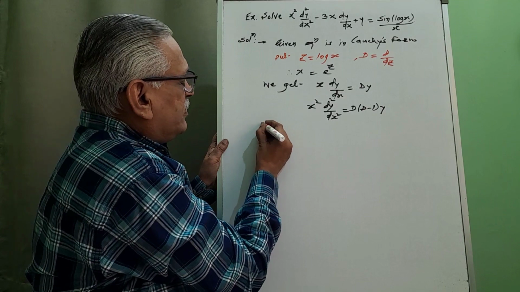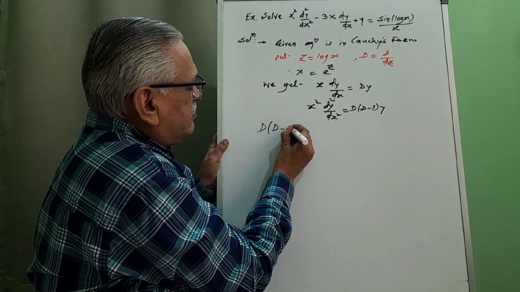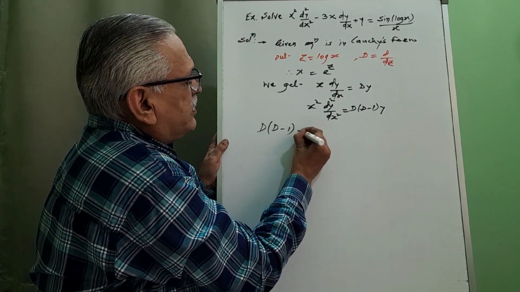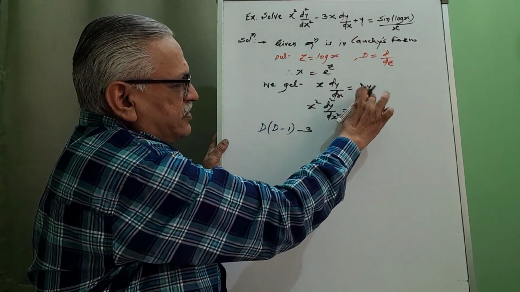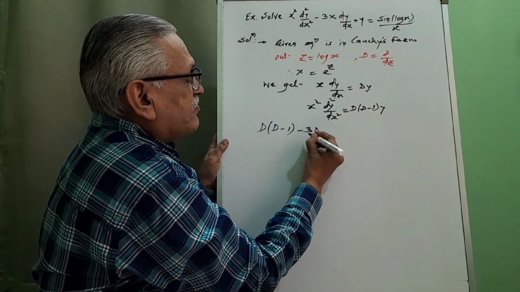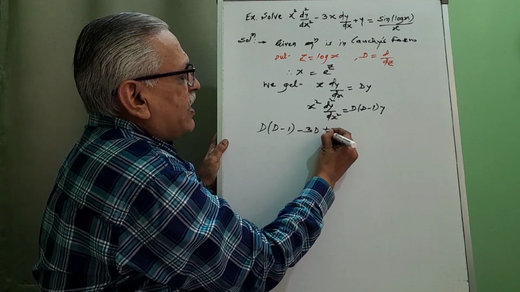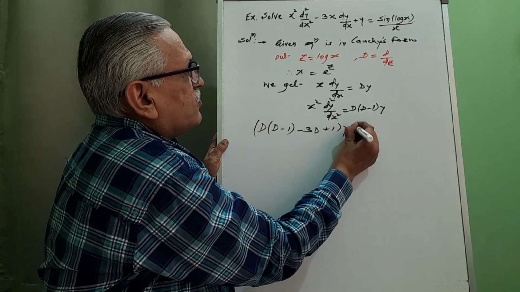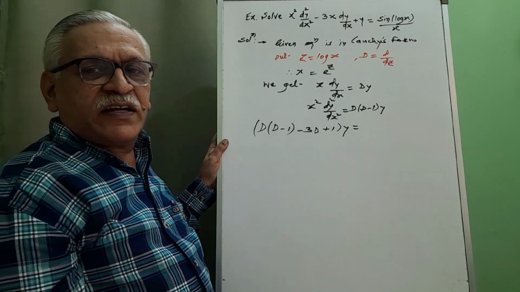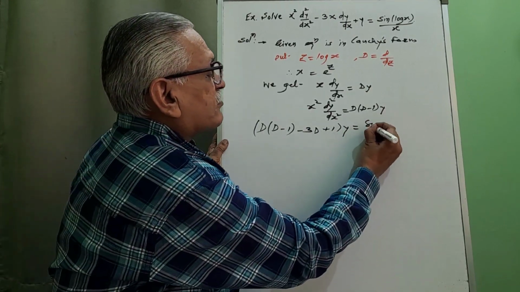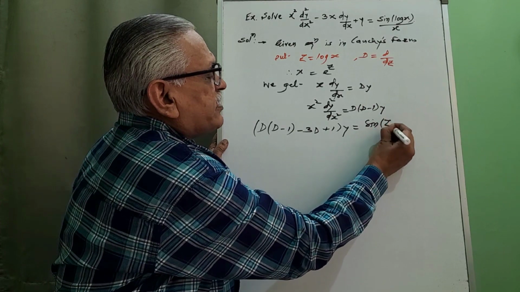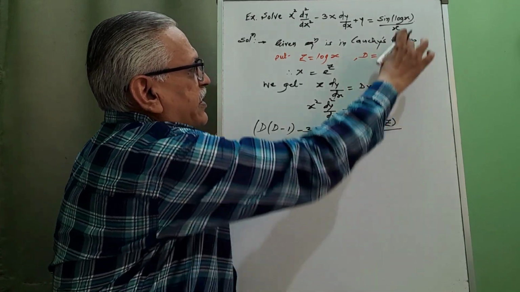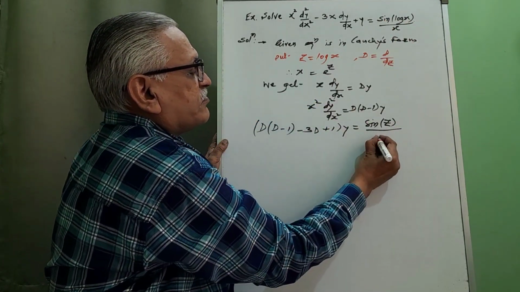Substituting this in the given equation, the equation becomes D into D minus 1 minus 3 D plus 1, taking y common from all this, and we get the right hand side as sine of log x divided by x, but log x is z and x is e raised to z.